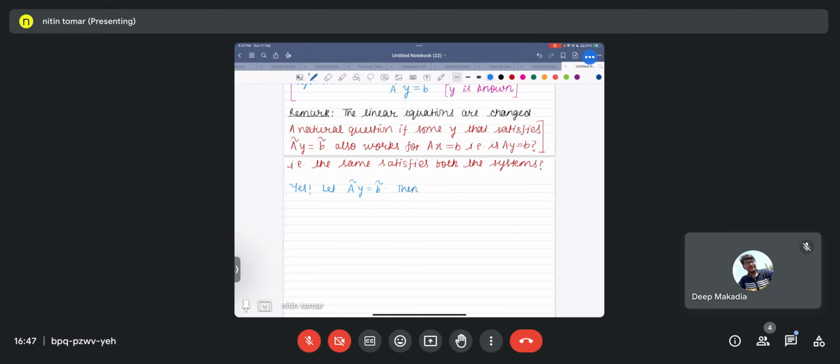Then we know there exists some invertible P because of row operation such that the new matrix A tilde is nothing but P times the old matrix A, and the new vector b tilde is nothing but P times the old vector b. Am I correct?